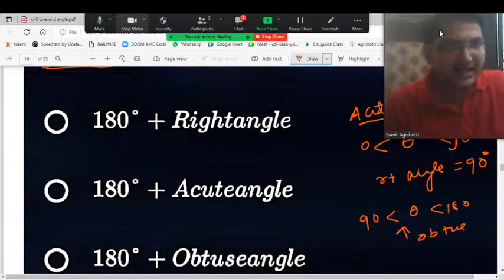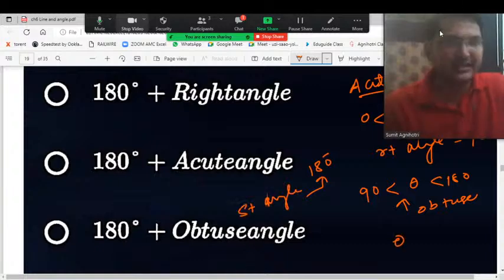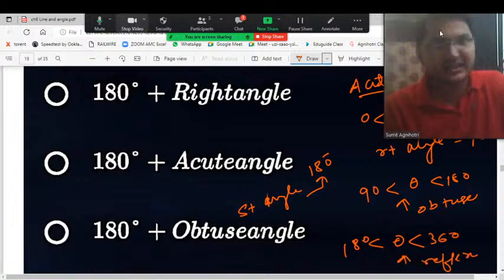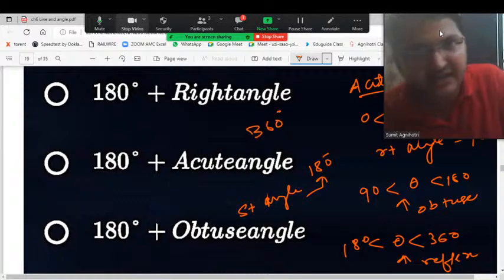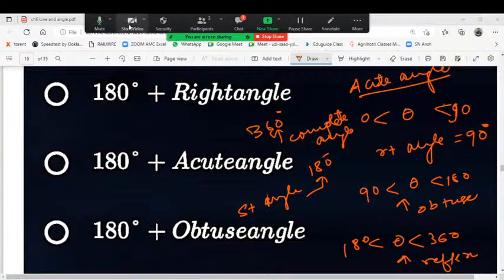And 180 itself is known as a straight angle. One more thing: an angle greater than 180 but less than 360 is a reflex angle, and 360 itself is known as a complete angle. I have presented everything in front of you so that you can well understand.